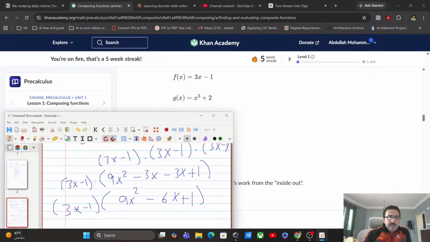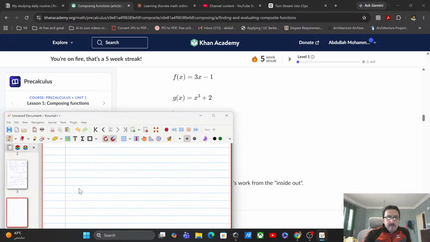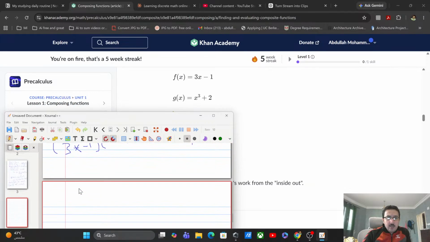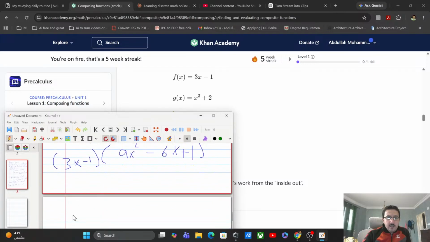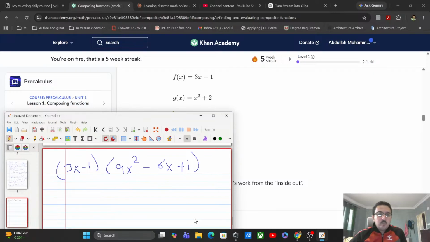So what am I having? Piece of paper. We have here 3x plus 1, 9x squared minus 6x plus 1.